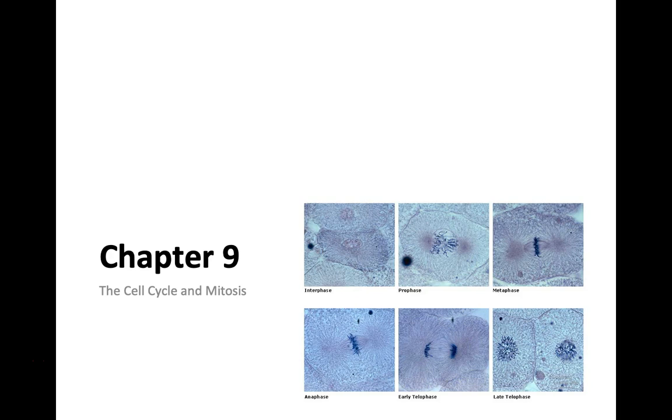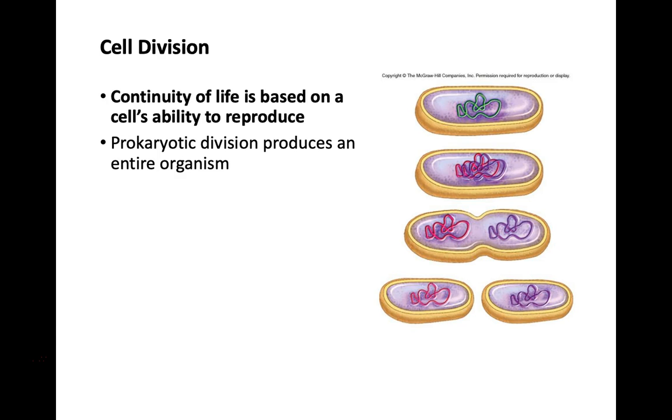But we first talk about the cell cycle and mitosis, which is cell division of everything but the cells that are going to make sperm and ovaries. So cell division is really important for passing on genetic information to the next generation. If you don't pass on all of the genetic information and you don't pass it on correctly, that next generation of cells is not going to survive.